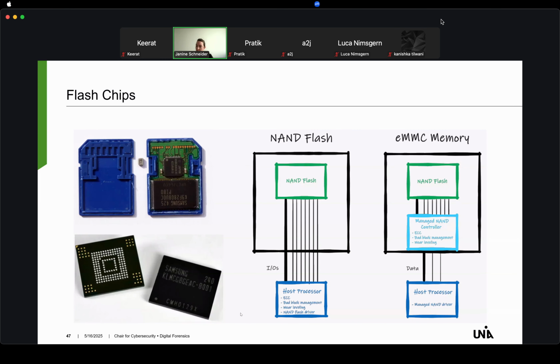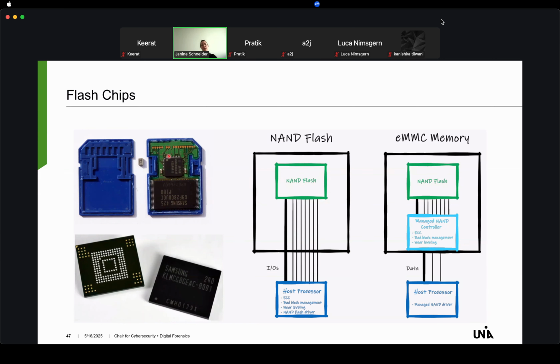Okay, we can discuss copying stuff in SSDs afterwards, yes. Okay, so here you can see an example of a raw NAND flash chip inside an SD card, a bigger one, where there's still enough space to put it in there. The smaller ones are too small to actually contain a raw NAND flash chip. You have a controller here.